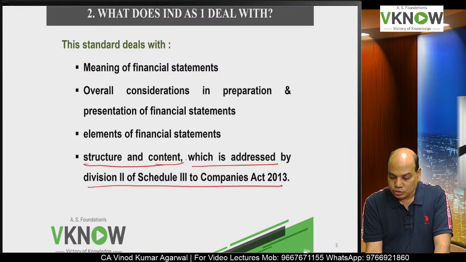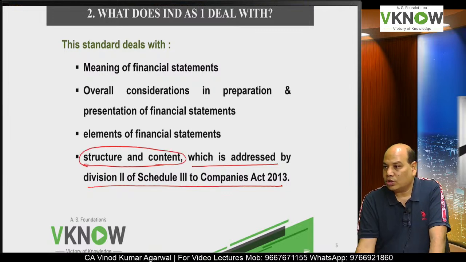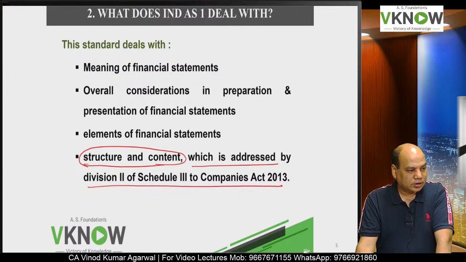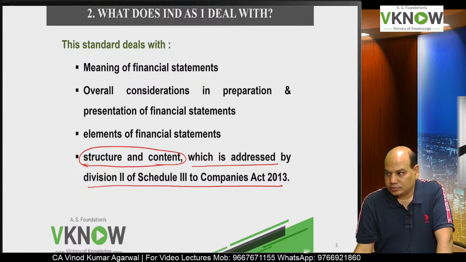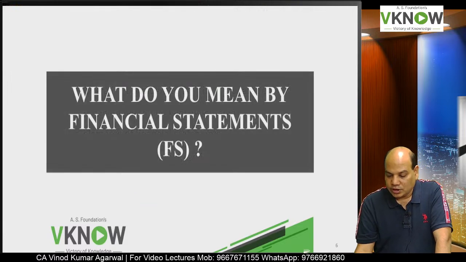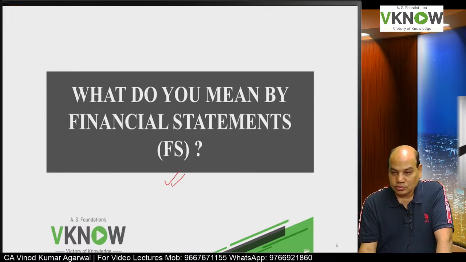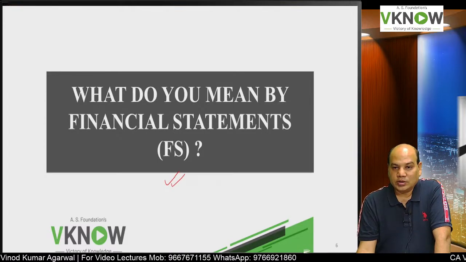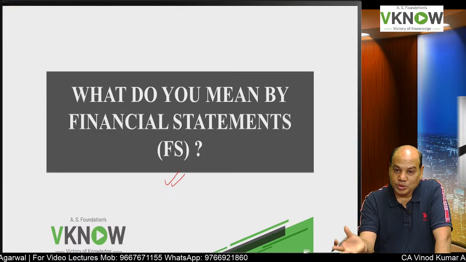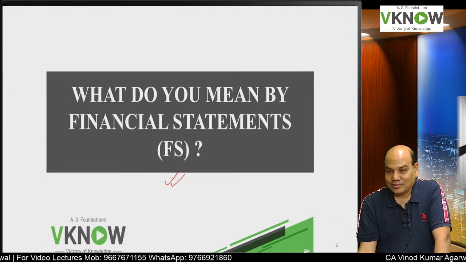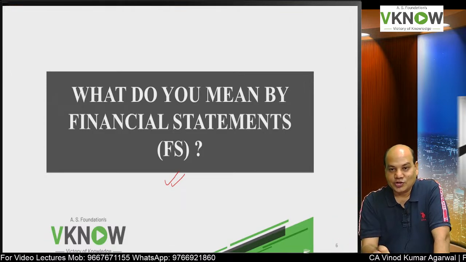So you will find you have studied a lot of things already in division 2 of schedule 3, but this is a standard, so we have to go through it. Now if you go home today and your small younger brother asks you, what do you mean by financial statement? You are a CA, what is financial statement?